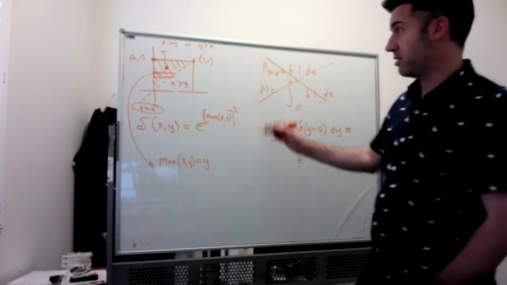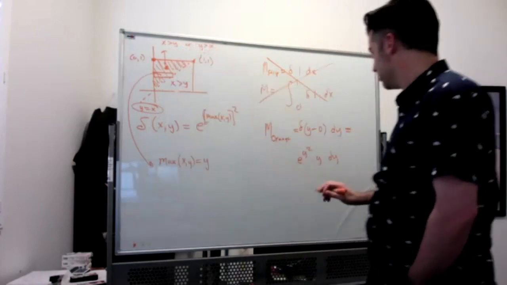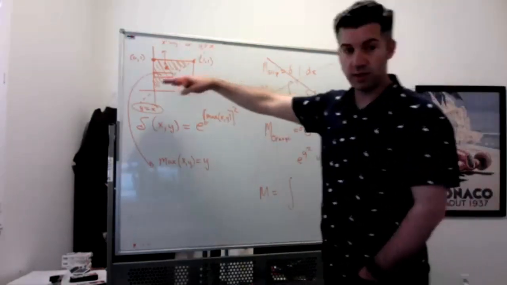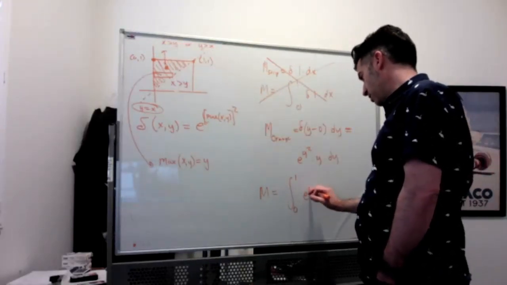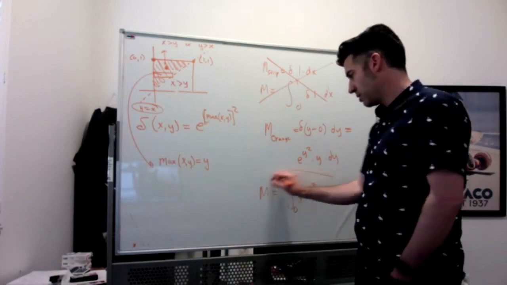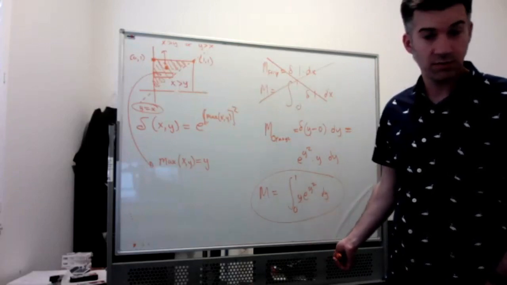And if you want to find the entire mass of this upper part, it's going to be the integral from 0 to 1 of e to the y squared times y. And I think that's something everyone is capable of integrating with a U-substitution.